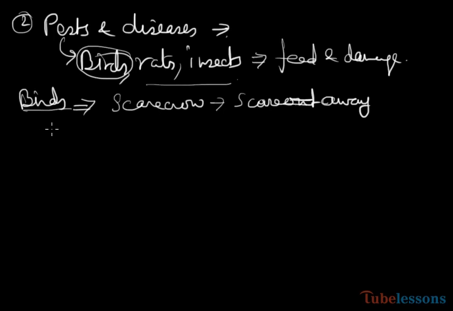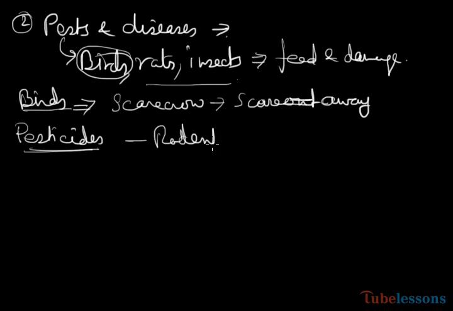Then we come to chemical substances known as pesticides. Pesticides are chemical substances to control pests like rodents, rats, insects, rabbits, etc.